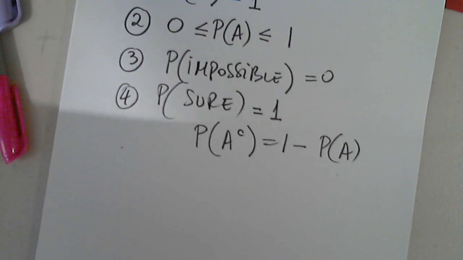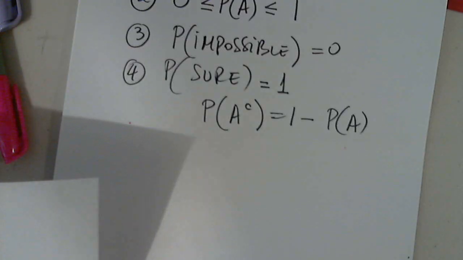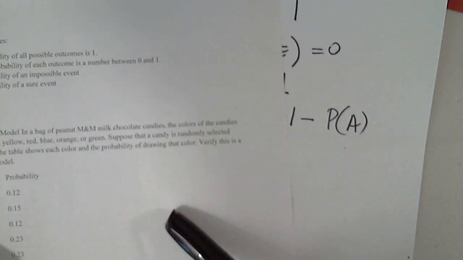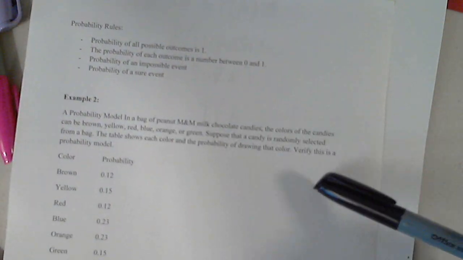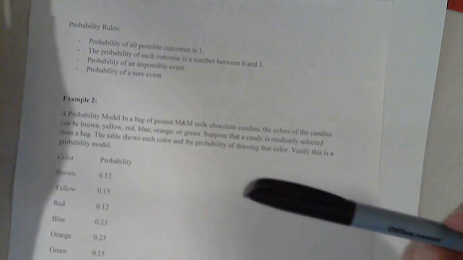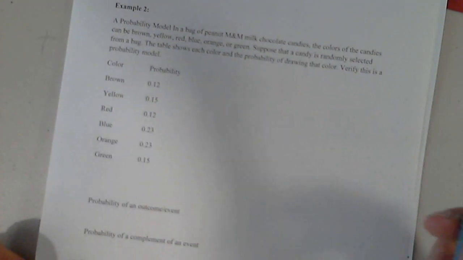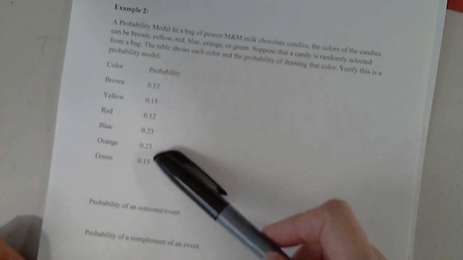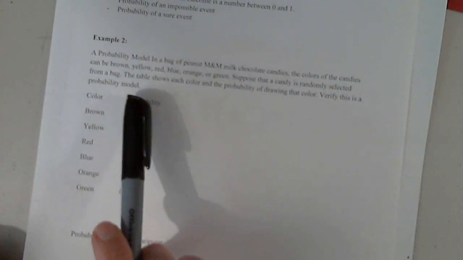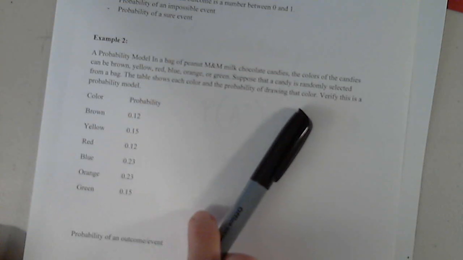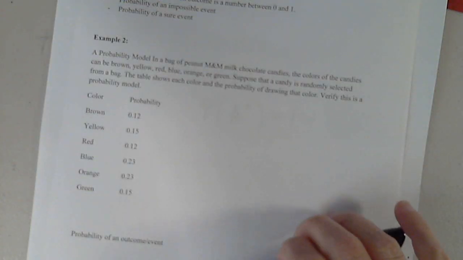I have example 2 ready for us. They're giving us a data set. We're talking about chocolate candies, M&Ms. I guess everyone loves those. Different color and different probability. The question is, the table shows each color and the probability of drawing that color. So they're all in a bag and we want to pull different M&Ms.